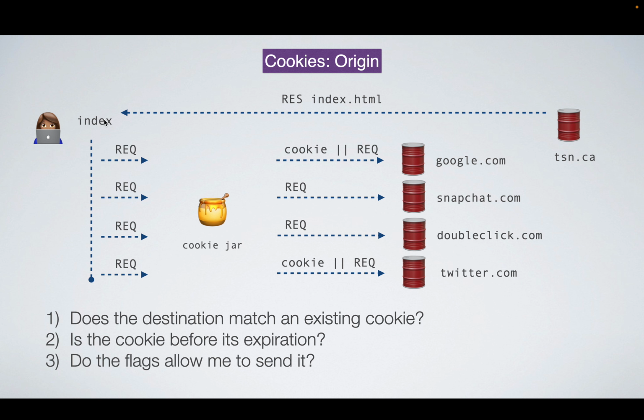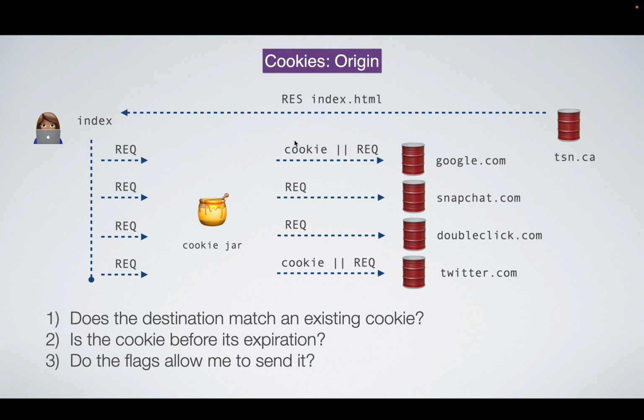Go to DoubleClick and grab this ad. Go to Twitter and grab the picture of the follow button. And if someone clicks on it, have the JavaScript so that they'll follow me on Twitter. Okay? So all of this is getting weaved into index.html.